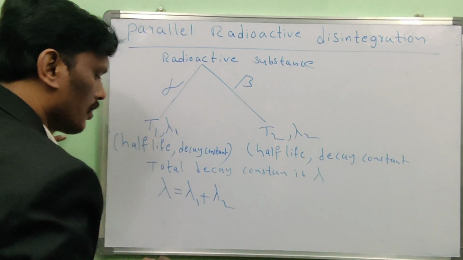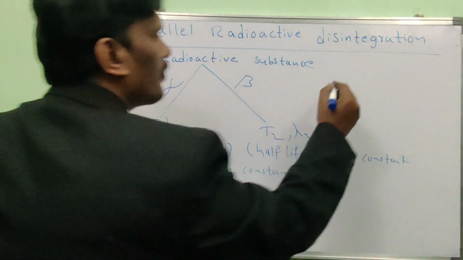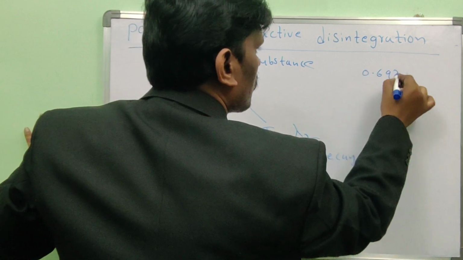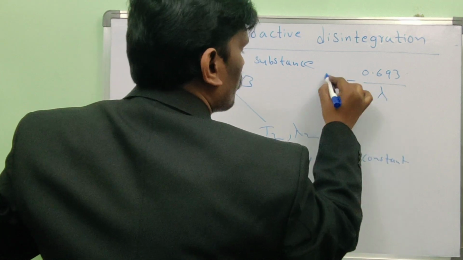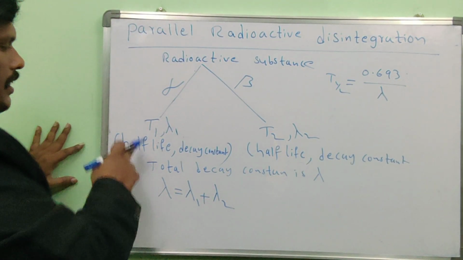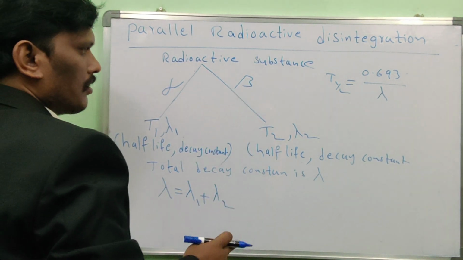But we already know that lambda, the decay constant, is equal to 0.693 by T. That T is called the half-life. Here T1 is the half-life for alpha emission, T2 is the half-life for beta emission.